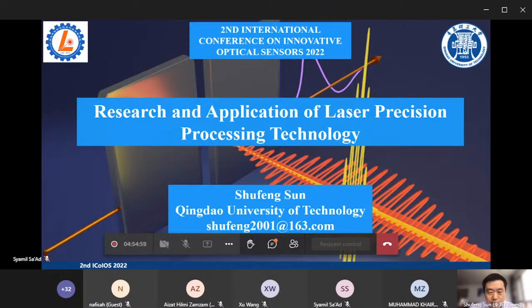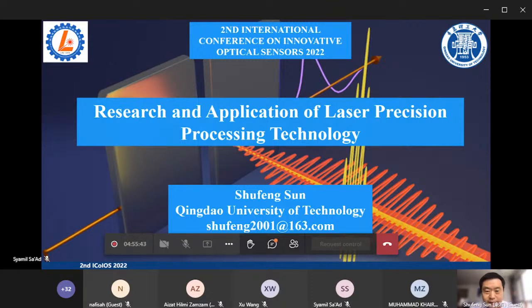Maybe my research interests are a little bit different from the conference title, but we use the fiber laser also, so it's also a kind of optical fiber domain. My research is mainly focused on the research and application of laser precision processing technology. I come from Qingdao University of Technology. My name is Shu Fengsun.